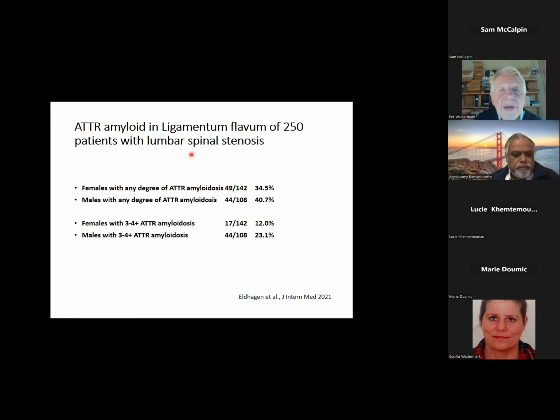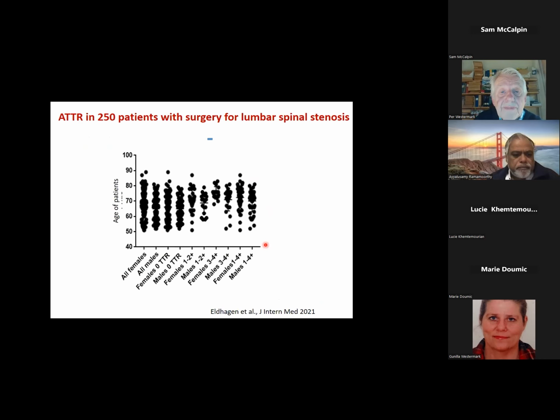surgery for lumbar spinal stenosis, and found actually amyloid in more than 1/3 of the material taken away from these patients. And some patients actually also had a severe degree of amyloidosis in this material. And what we also saw here is that if we look at females and males with a severe degree of amyloidosis, the males had a tendency to get this at a younger age compared to the women.